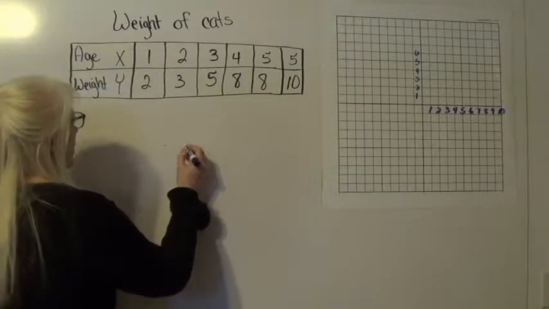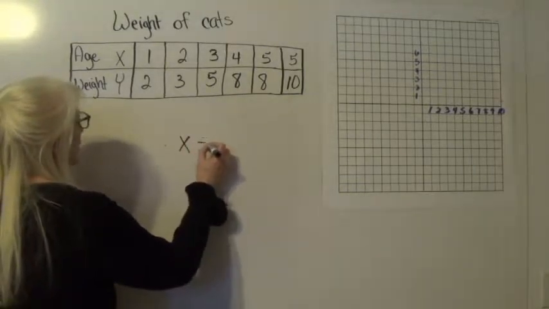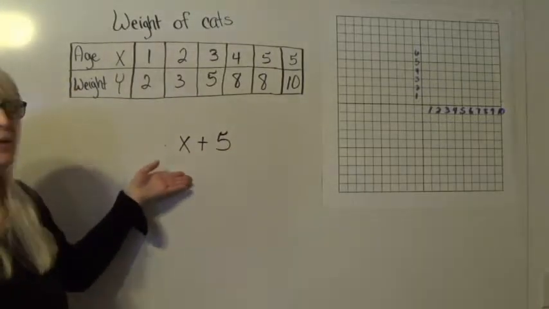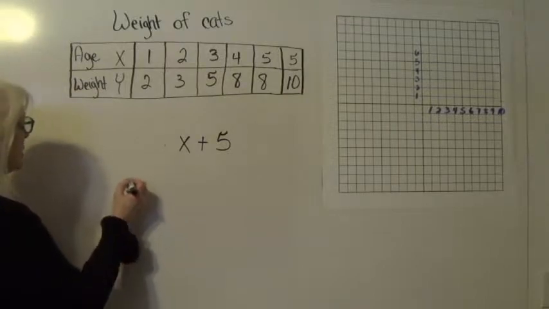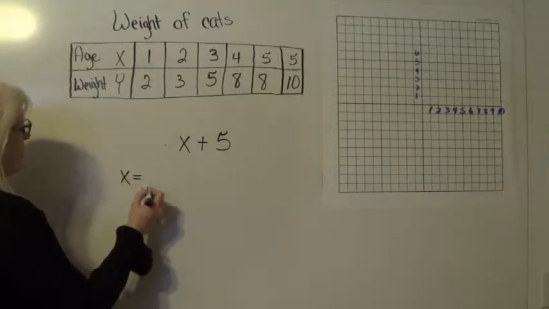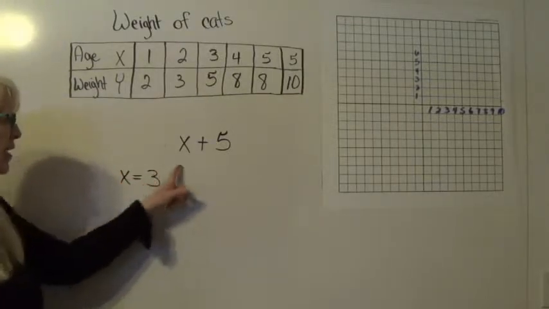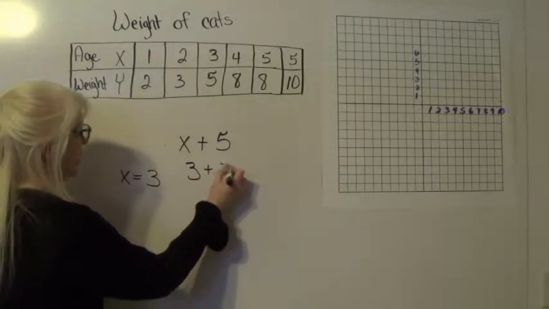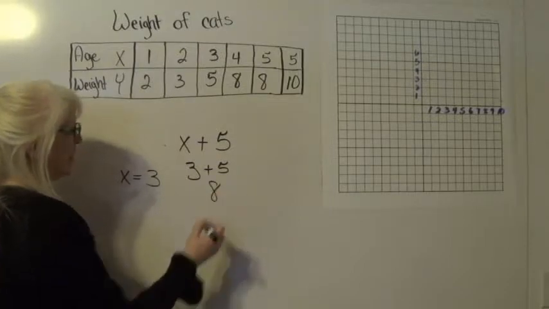Let's say that you had x plus 5. And let's say that I wanted you to substitute the number 3 for the x value. Then you would just change the x to 3 plus 5 and you would get 8.